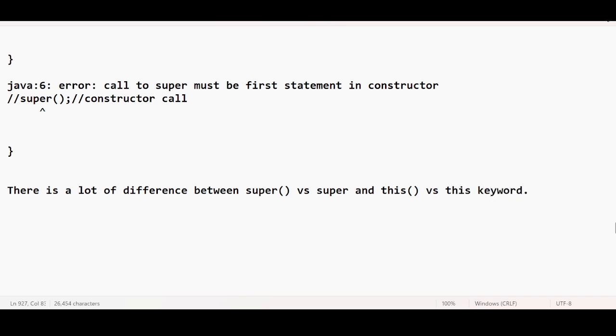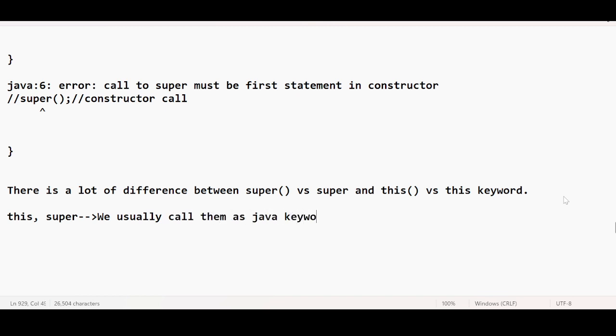We will see a lot of information about the this keyword in future classes. For now, I will give you a simple briefing about the this keyword and the super keyword versus the super call constructor and the this call constructor. This or super, we usually call them Java keywords.